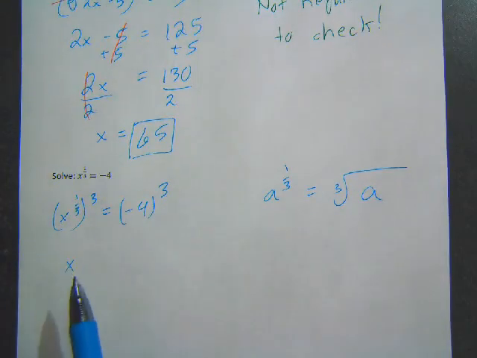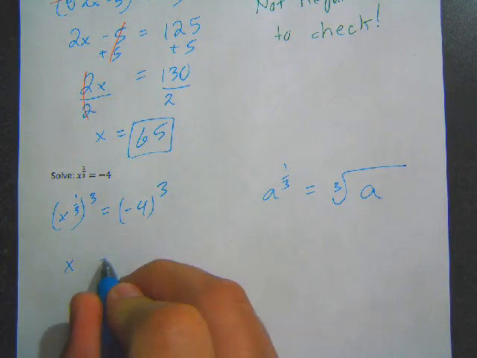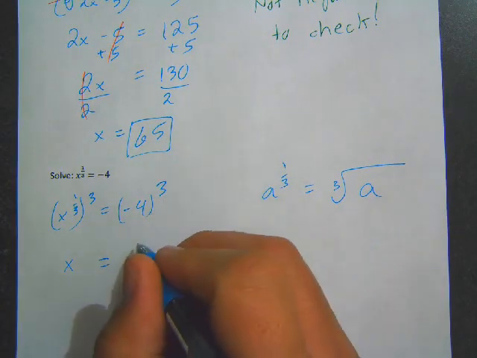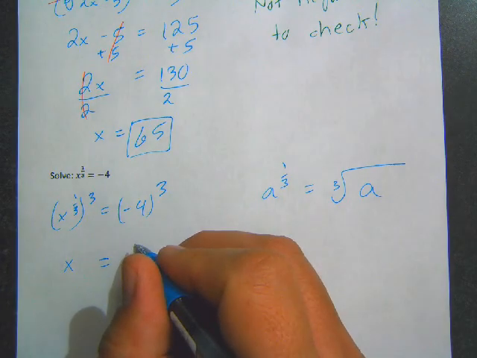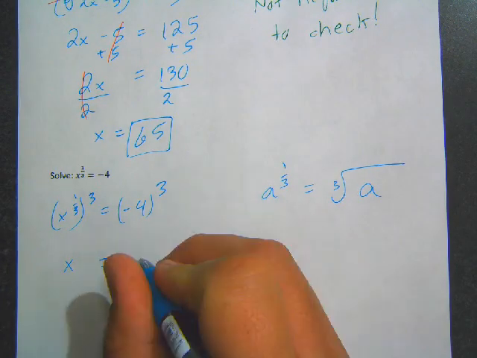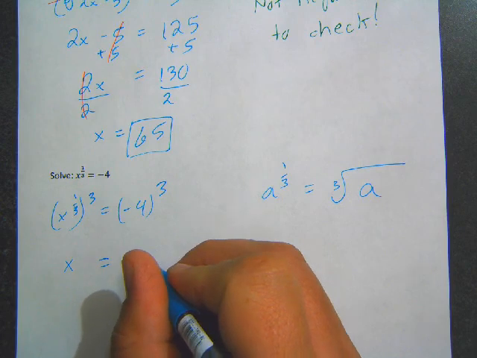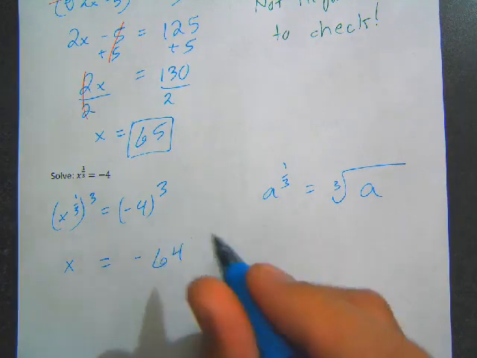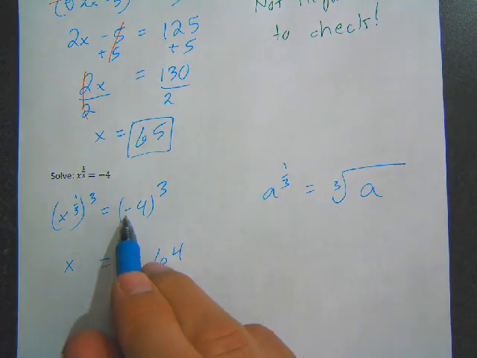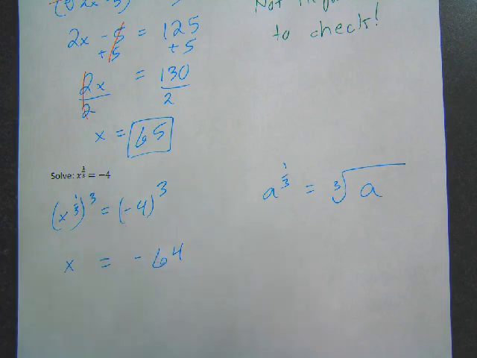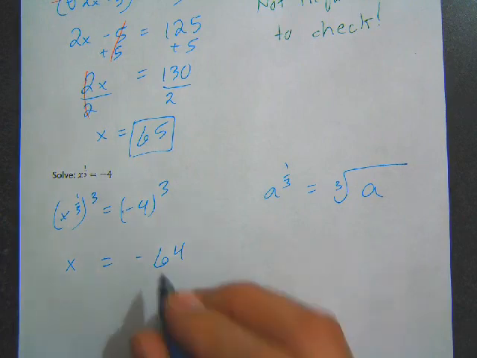The 1/3 and the 3 basically cancel. Over here I get -4 to the third. Well, -4 times -4 is positive 16, times a -4 gives us -64. If you don't trust me, you can do 4 to the third, you get 64, and 3 negatives make a negative, because 2 of them cancel out and the third one's left over. So that's all that is for that one.